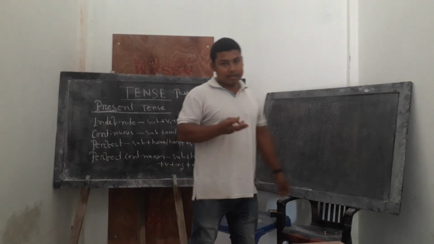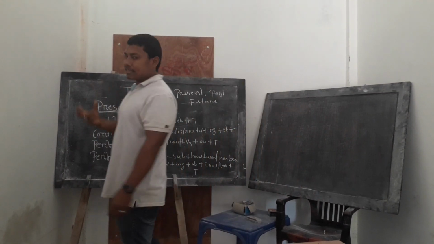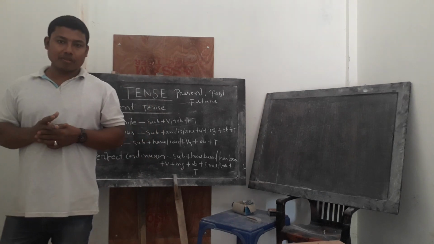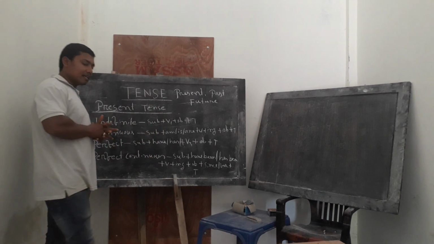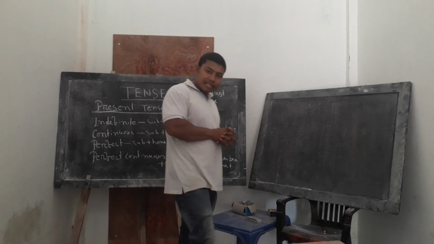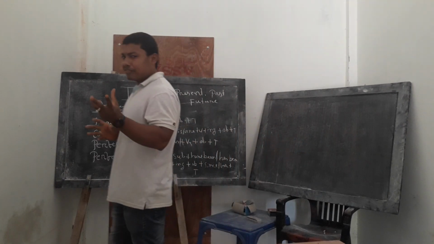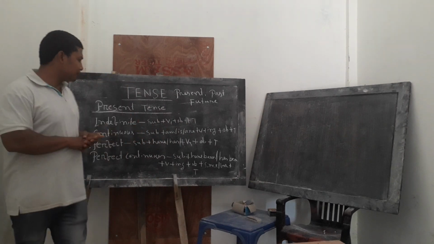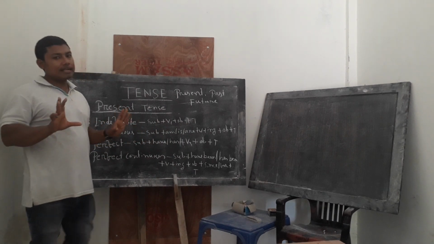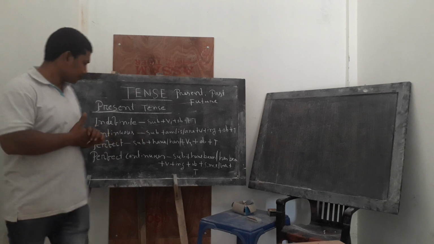Suppose: today, once a year, twice a year, once a month, twice daily, every year, every summer vacation, every. They are the times of simple present or present indefinite tense.